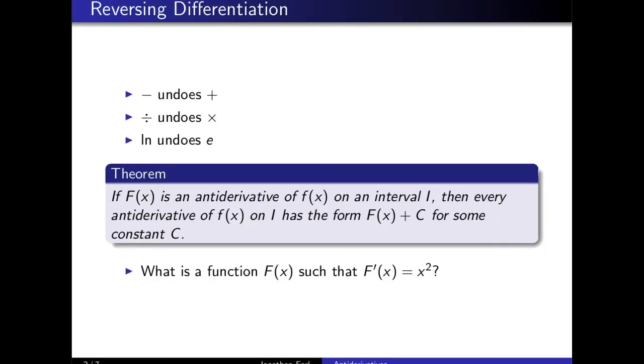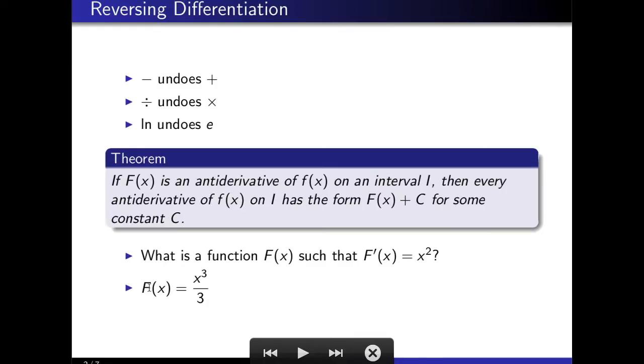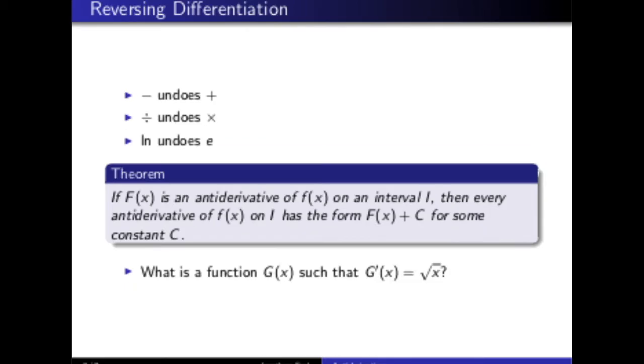For example, what is a function capital F such that the derivative of capital F is x squared? Well, we could say what gives us something with an x squared in it when we take a derivative? X cubed gives us something with an x squared. But if we just took x cubed, we'd get 3x squared, which is 3 times what we want. So we'll just divide by 3, and we'll say, if we take capital F to be x cubed over 3, when we take that derivative, we get x squared.